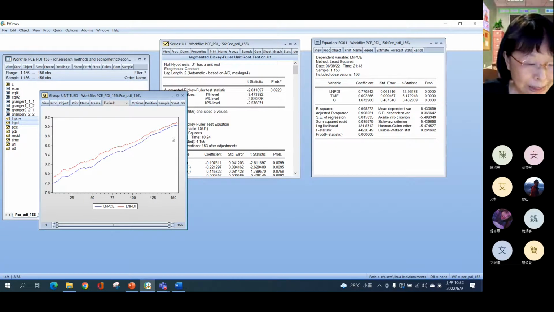And each of the variables should be non-stationary, each already having a unit root. Then we can do the co-integration test.